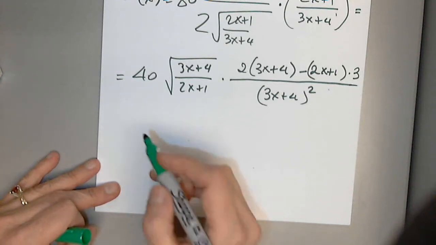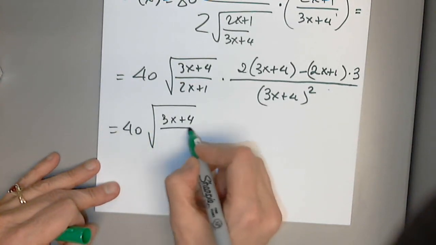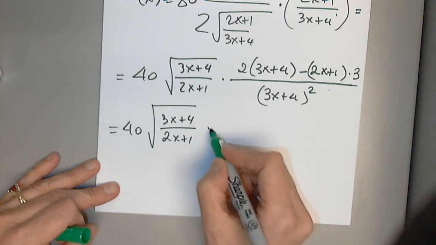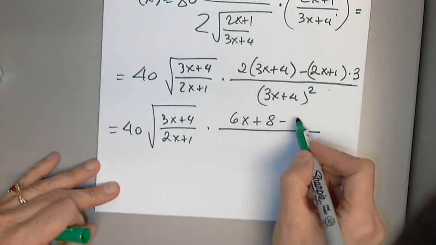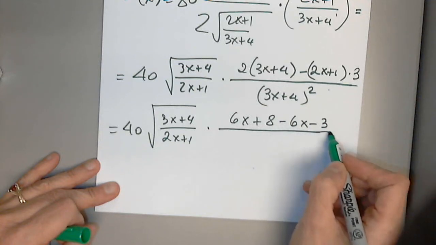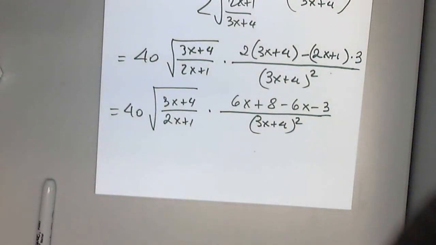Yes, I have to distribute. So 40, the square root, 3x plus 4 over 2x plus 1. And yes, I have 6x plus 8 minus 6x minus 3 over 3x plus 4 squared. Do we see this? 2 times 3x, 2 times 8, negative 3 times 2x, and negative 3 times 1.